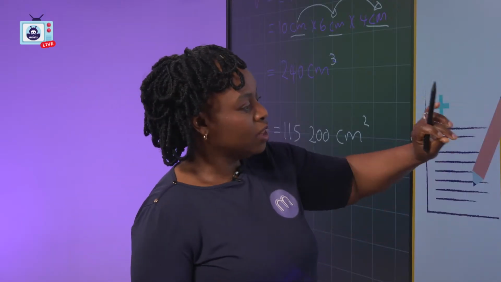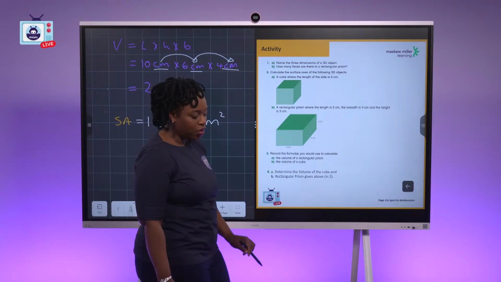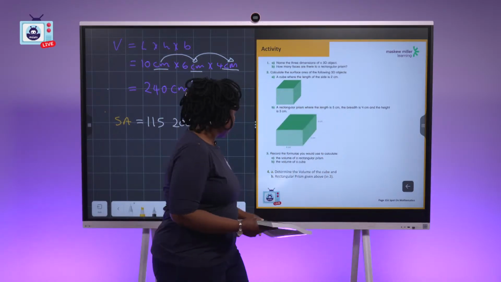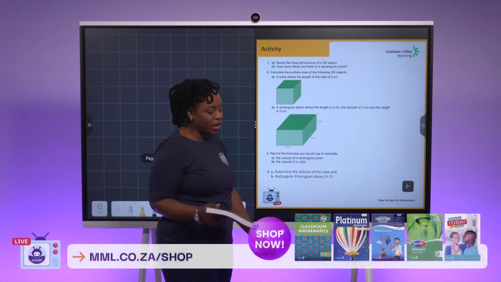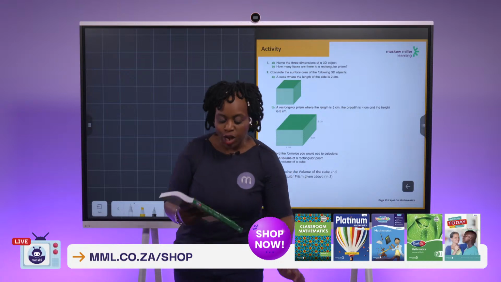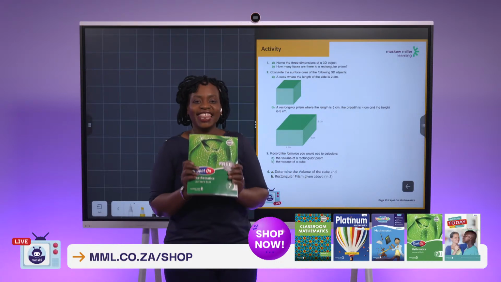All right, so that is how we work out these things, and we have looked into one of our very nice textbooks that I really like for grade 7. It has been aligned to make sure that a grade 7 learner cannot go wrong. So this is our very own Spot On. This book is very nice.